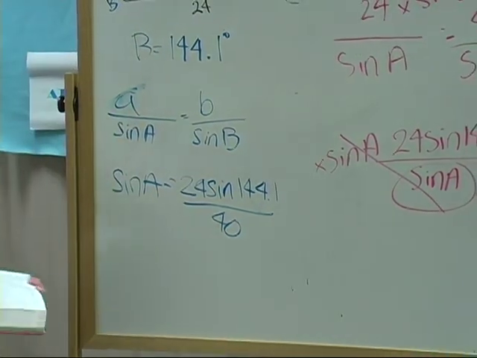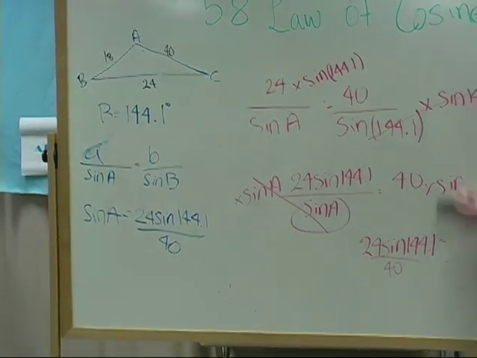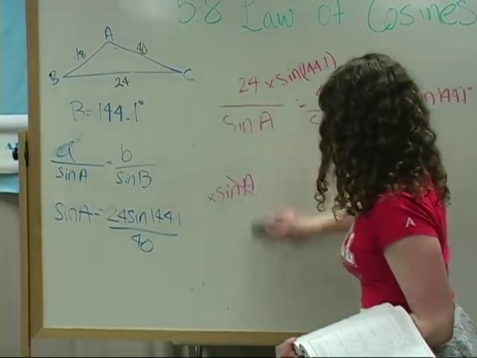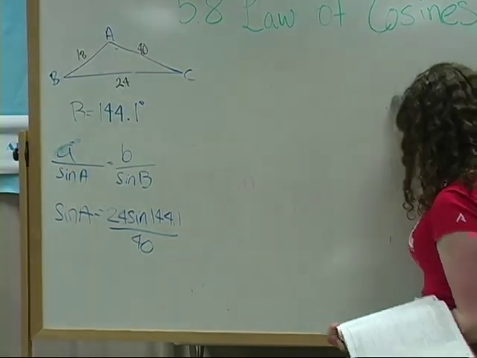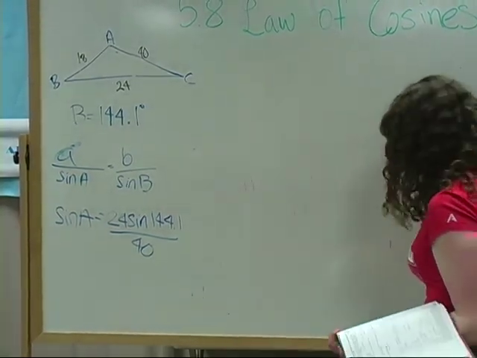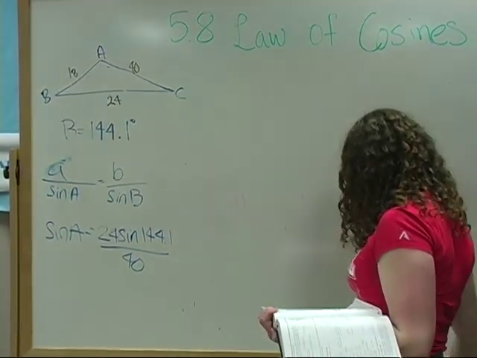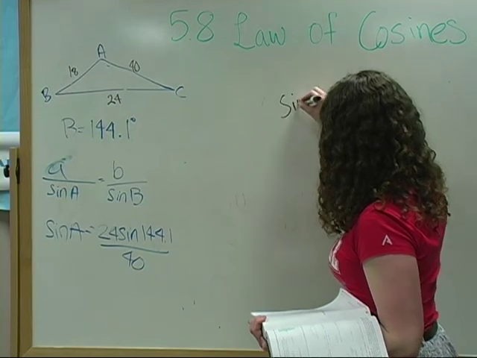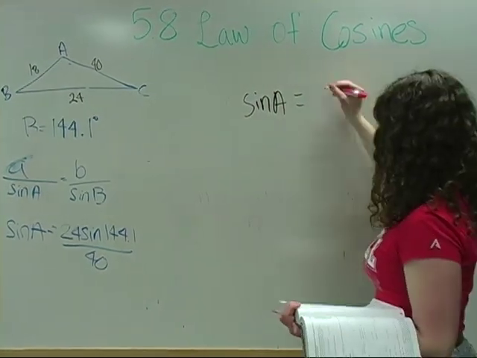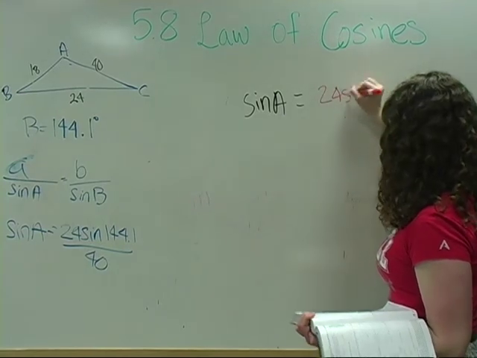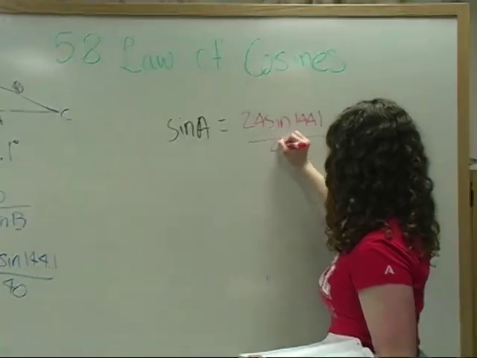And the last step to solving for the measure of angle A is to use our arc sine like we used our arc cosine for the measure of angle B. So sine A equals this whole number, 24 sine 144.1 over 40.